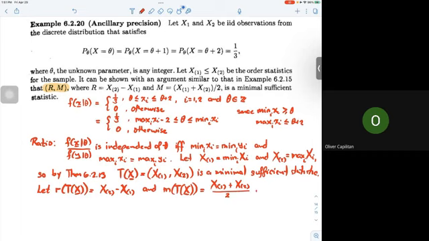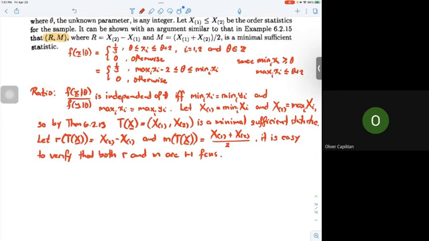It is easy to verify that both functions R and M are one-to-one functions.